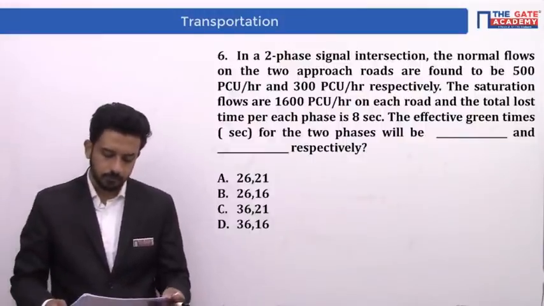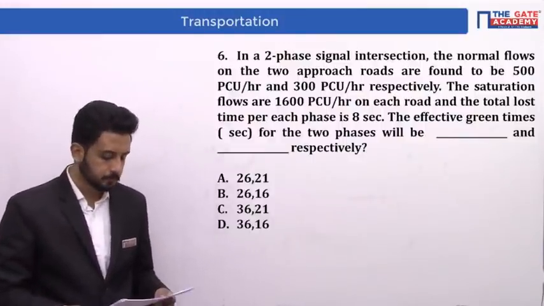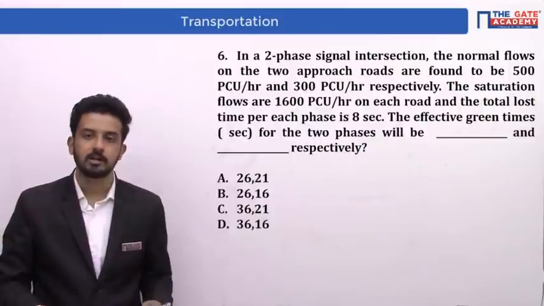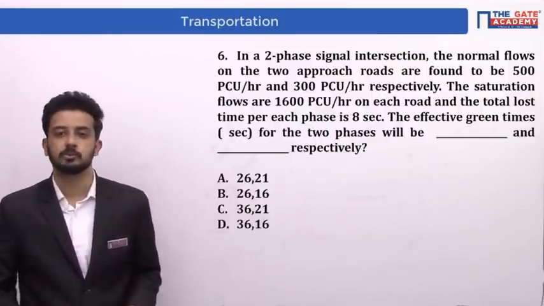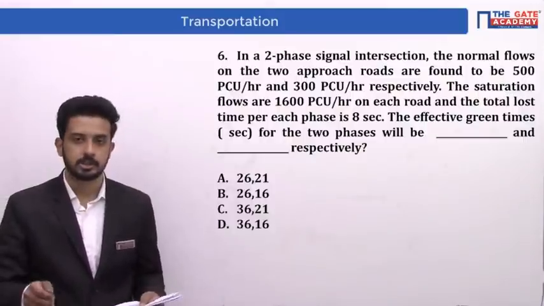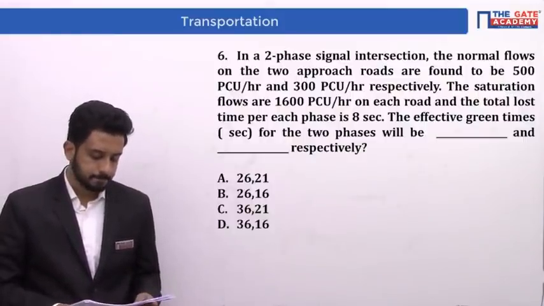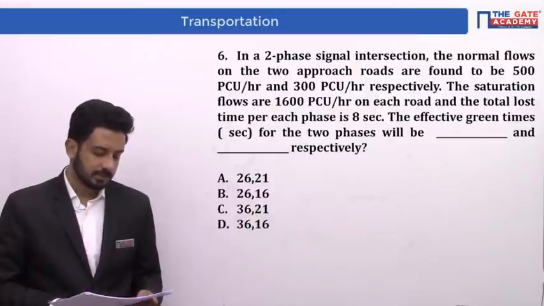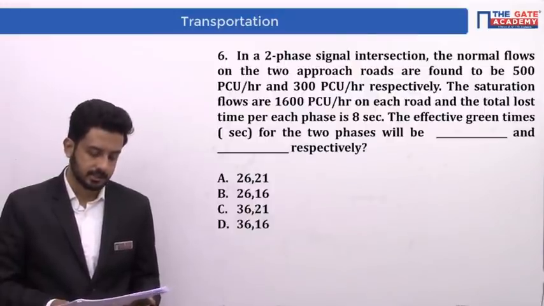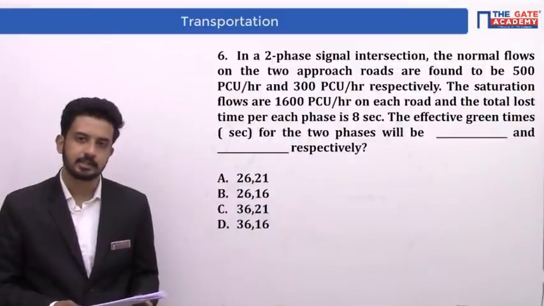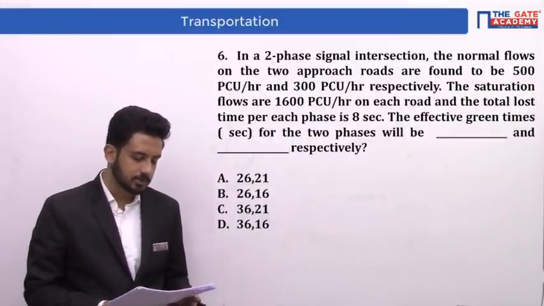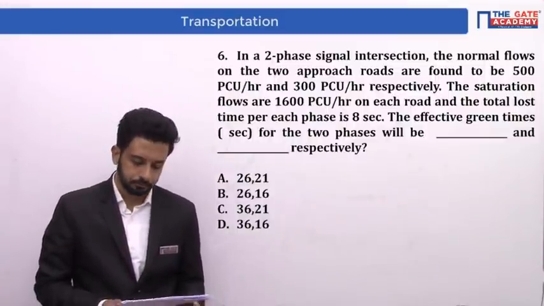Read the question once again and check what we have to find out, and for that what data they have given. Read the question carefully. They have given that it's a two-phase signal intersection, and for each phase the normal flow values.